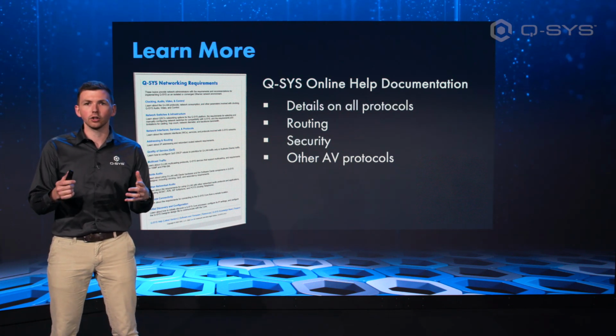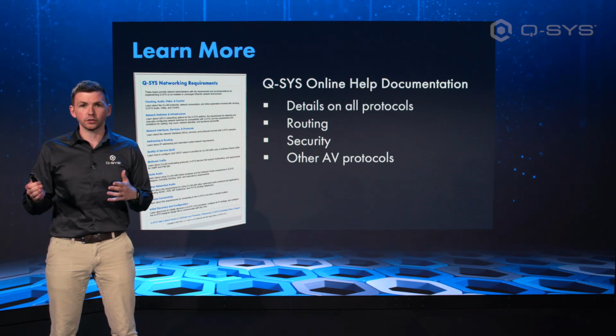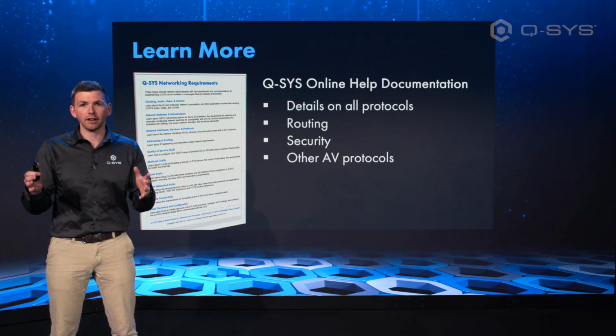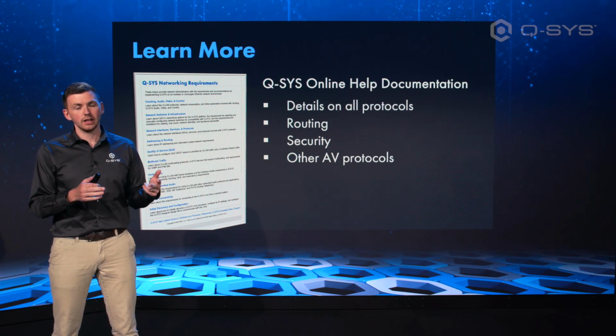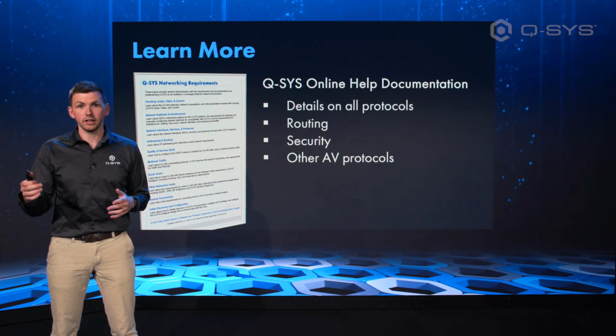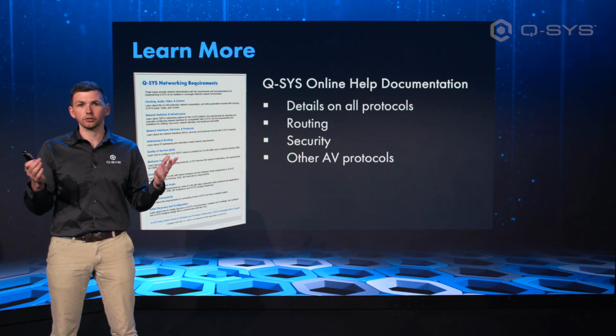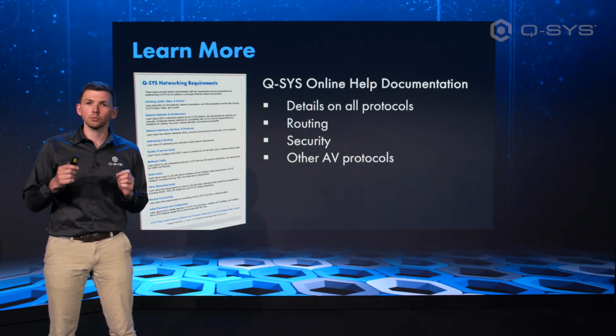So feel free to have a look around, but it has details on all sorts of different protocols, everything in Q-SYS, stuff that we haven't actually talked about. It talks about layer 3, it talks about routing, and it's important to understand that all of Q-SYS can be routed. The video, the discovery, all of that can go through layer 3 if you have a particularly large network. Talks more about security and other AV protocols like, for example, Dante.